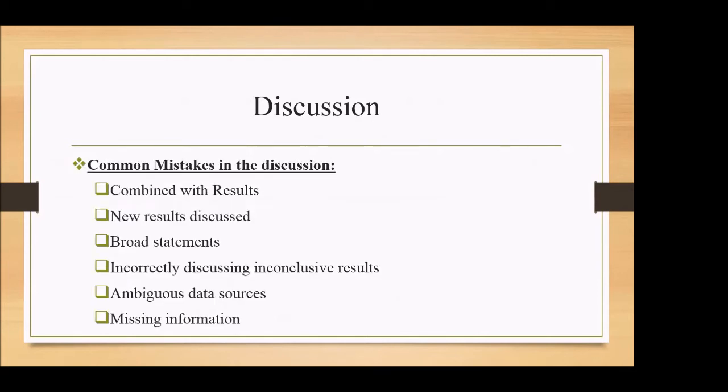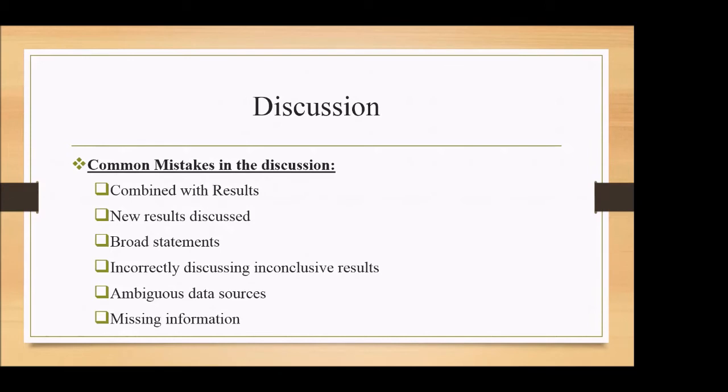So the common mistakes: you combine it with results. Here you don't repeat what you already said. Maybe you just take the major findings and justify the findings. New results discussed: you don't bring new results.